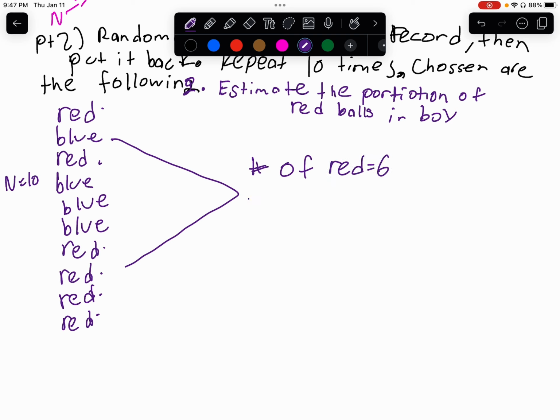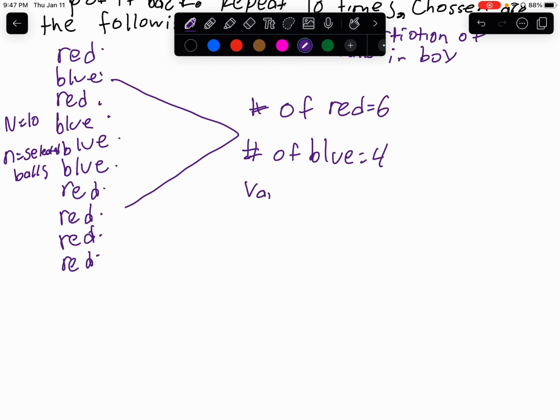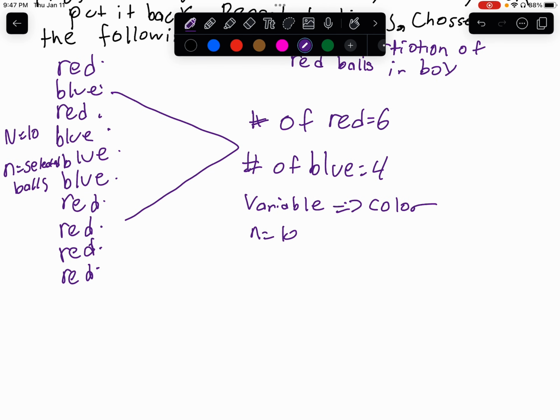Number of blue, as we can count, 1, 2, 3, 4, is 4. And we have the number of balls in the box, but our lowercase n is our selected balls. Our variable in this situation is the color, which color we pick, and our sample size is 10.